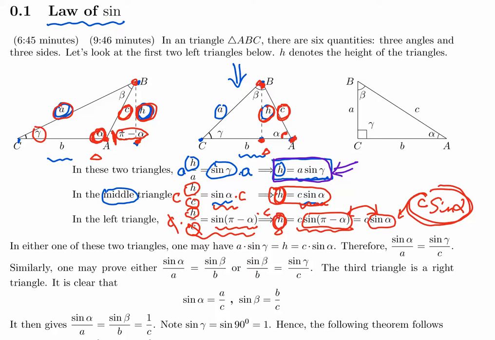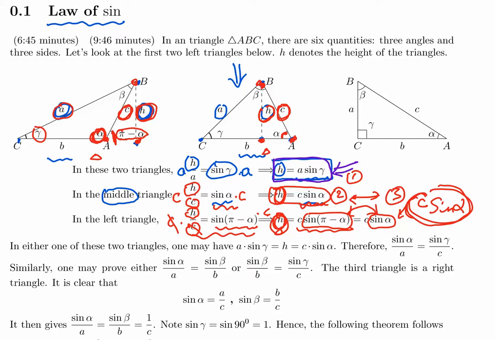You see right here. Those two cases are the same. So you have H equals A times sine gamma.